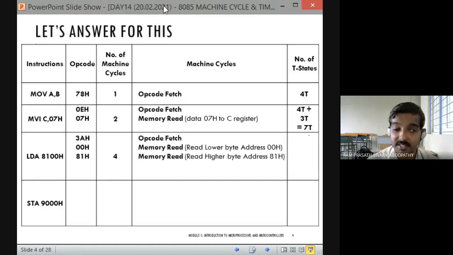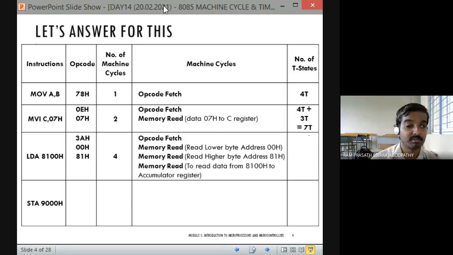See, destination is the accumulator. What about the source? The source is whether an internal operand or an external operand. Yes, it is available in the memory only. So again, it has to read the memory. That's why we need one more cycle, a memory read cycle, to read the data from 8100 into the accumulator register.